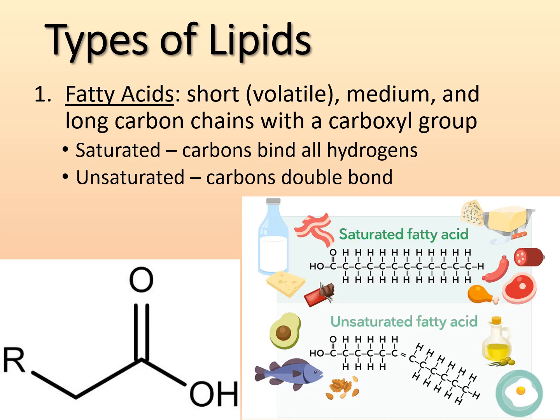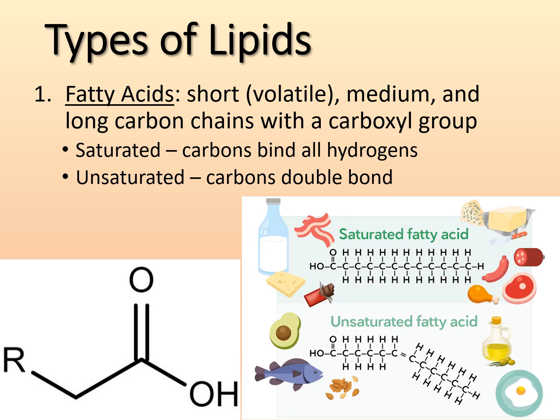Okay, so if you look at that top picture on the right hand side, every carbon there in the chain has two hydrogens coming off of it, meaning it is saturated with hydrogens. Okay, saturated just means like full, right? Full of hydrogens.